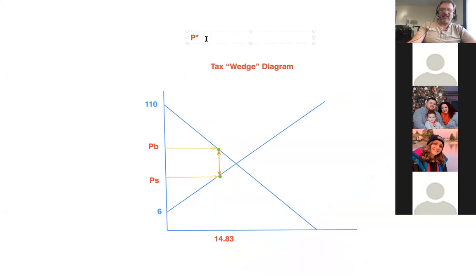And then the tax acts like a wedge and splits that price into two prices. After the tax, you end up with a buyer's equilibrium price with the tax and a seller's equilibrium price with the tax. And if you think about it, it makes sense.